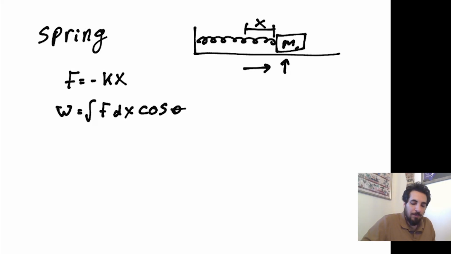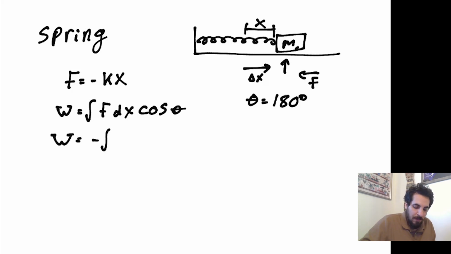Here we've displaced our object to the right, a distance delta x. Our force from our spring is to the left, meaning theta is equal to 180 degrees. So the work done here would be negative integral of the force's magnitude, kx, dx. So remember here we're looking at magnitude of force, magnitude of displacement.